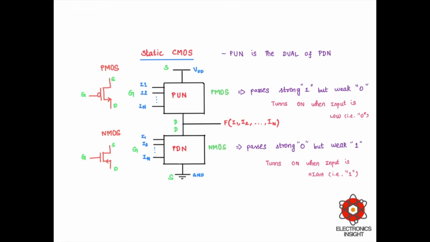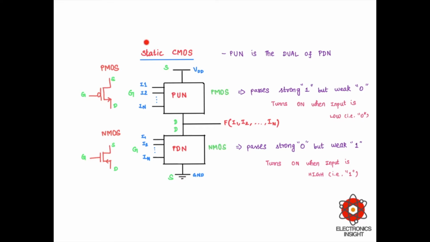The combination of PMOS and NMOS is the most popular CMOS logic design. The pull-up network and the pull-down network are connected such that only one of the networks will be conducting at any one point of time. That is the reason the pull-up network is called the dual of the pull-down network.